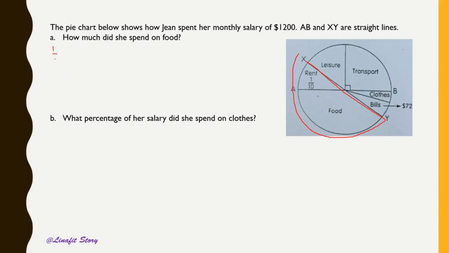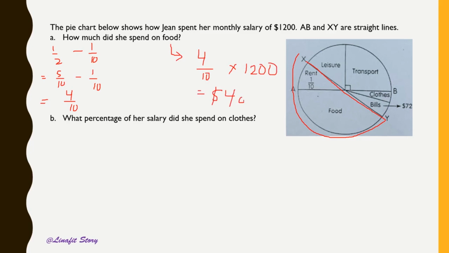So 1 out of 2 minus 1/10 equals 5 out of 10 minus 1 out of 10 equals 4 out of 10. Her monthly salary was $1,200. So for the food would be 4 out of 10 times $1,200 equals $480. So she spent $480 on food.